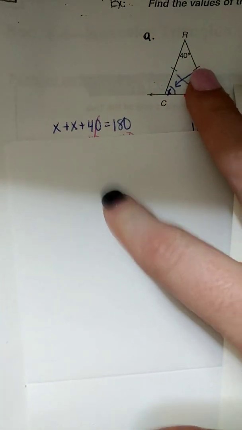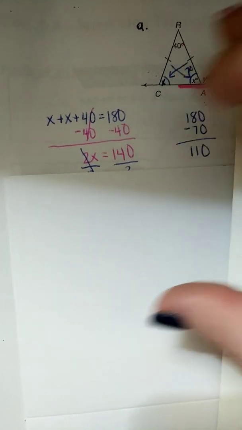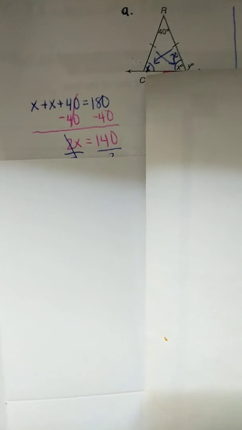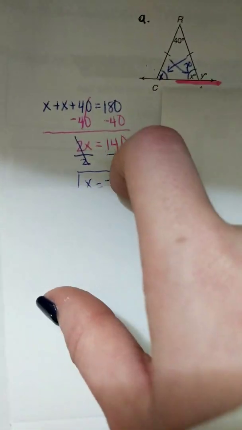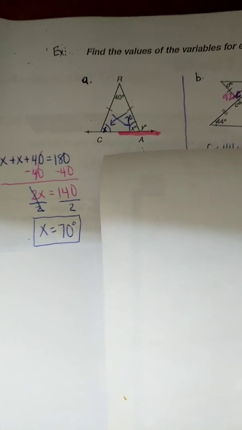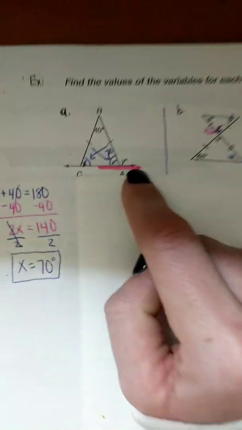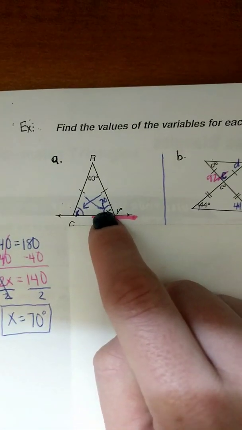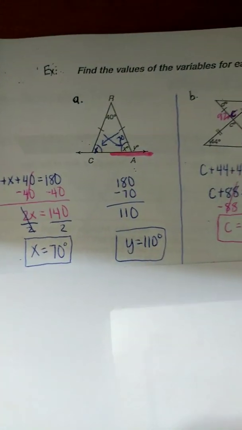Then subtract 40 from both sides, get that 2x equals 140. Divide by 2 and get that x is 70 degrees. And then just again like that last one, lines add up to 180. So because this is 70, do 180 minus 70, which is 110.